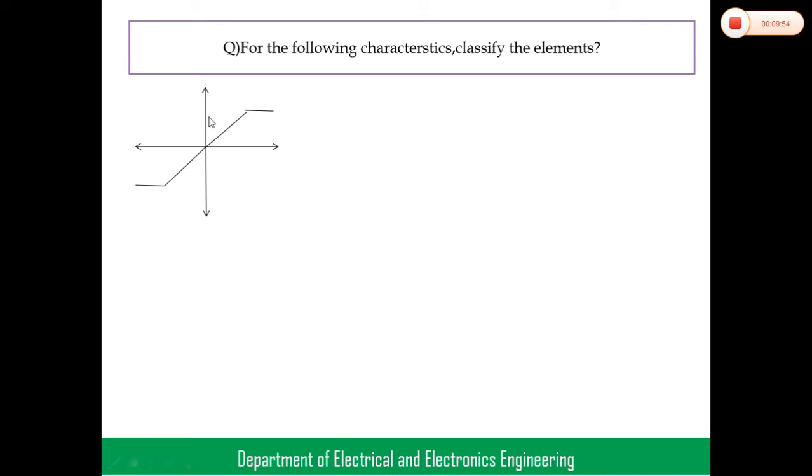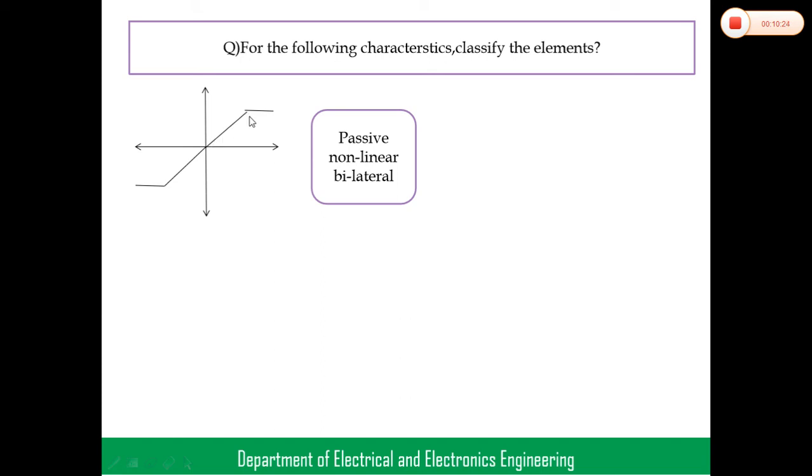Okay, right? So first, I already know that it is active or passive, right? Active elements are those which deliver energy, but here the element receives the energy, right? So clearly and blindly we can say that the characteristics in the first and third quadrant are passive. Coming to linear and non-linear elements, is this linear? Is it a straight line or not a straight line?